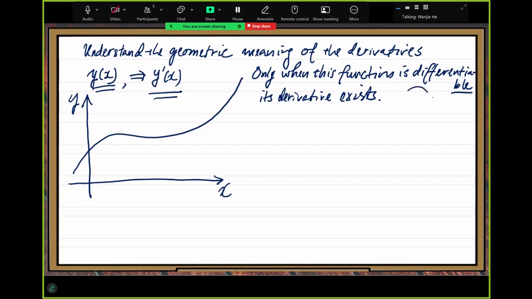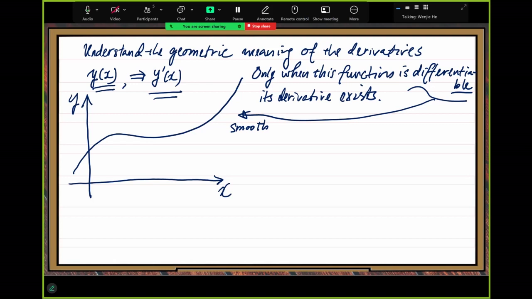So when you see the curve is very smooth, it tells you it's differentiable.